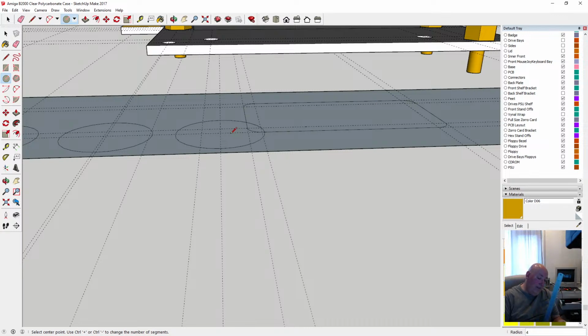Well, I'll tell you what I'll do. I'll actually correct it for him. So the whole thing needs to go over. So the centre of the button is only 4 mil.